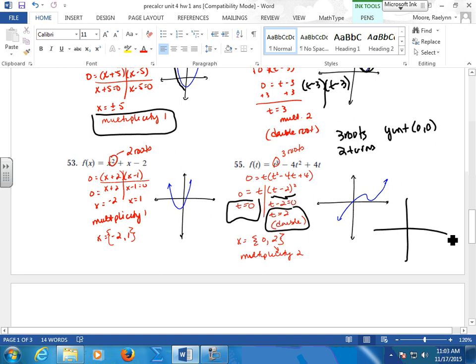My end behavior says you have an odd, and it's positive. Where are my ends going? Down on the left, up on the right. Good. So now, down left, up right.